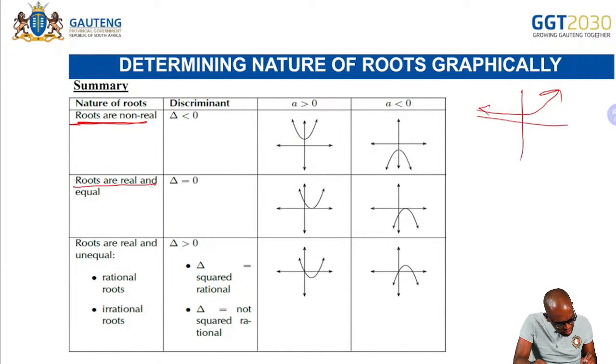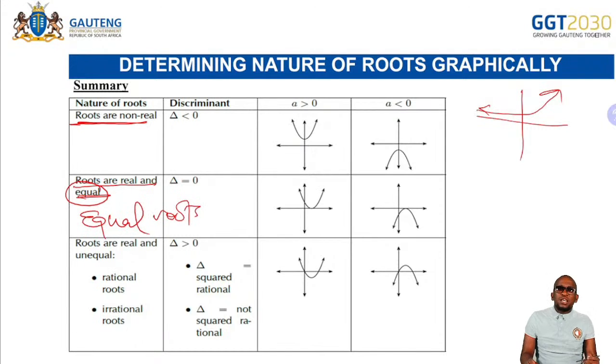When they are talking about equal roots, they are trying to say to you that the function would be tangential to the x-axis, or the function would touch the x-axis once. You see here, it is touching only once, like that.